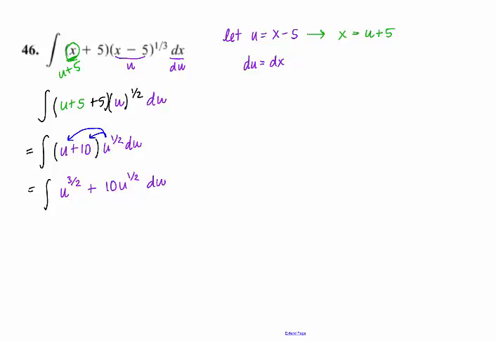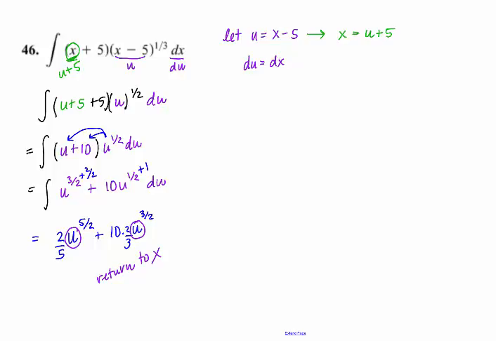Now we can do term by term, reverse power rule. U to the 4/3 plus 1 is u to the 7/3, multiply by the reciprocal, 3/7, plus 10 times u to the 1/3 plus 1 is 4/3, times 3/4, multiply by the reciprocal. And before you close the door, return to the original variable, return to x.